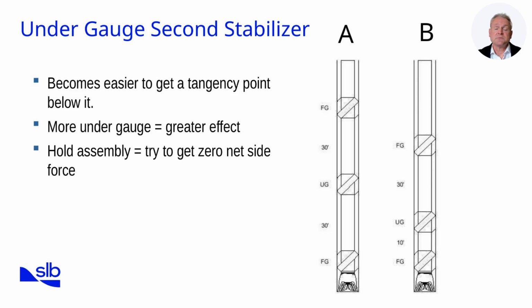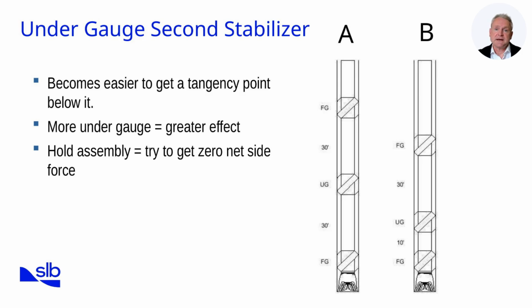BHAs designed for building inclination rely on configurations that maximize side force at the bit. These assemblies typically feature longer spacing between the near bit stabilizer and the first string stabilizer, creating a strong fulcrum effect. When looking at the two BHAs on the right, one has a long spacing between the near bit stabilizer and the second stabilizer, which is under gauge.